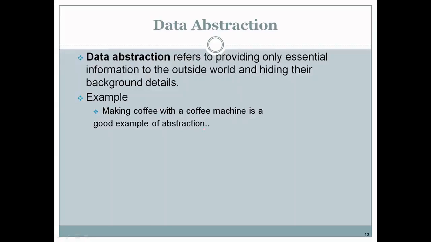That internal working of a coffee machine is hidden from the user. So the user should know only the required things, but background details are hidden from the user, and this is called abstraction. Show only the required things and background details are hidden from the user.